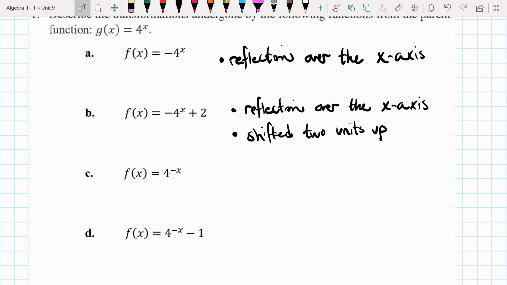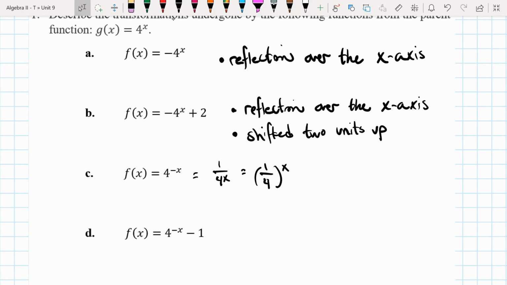This gets into what we talked about with that b value. Another way you could write this is 1 over 4 to the x, which is the same thing as 1/4 raised to the x.